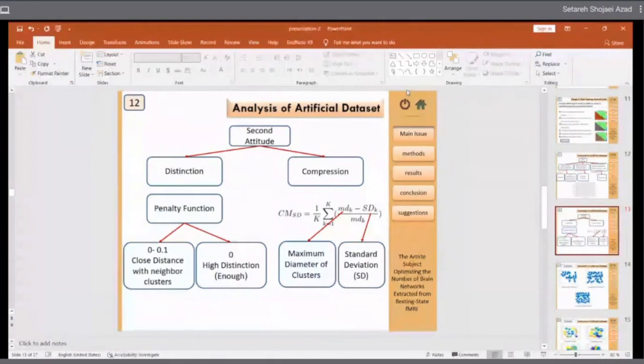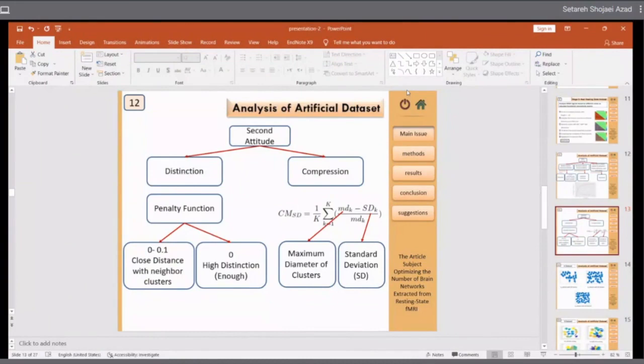Clusters can be compact enough but not well distinguished. An internal clustering index should not only measure the compactness of the objects within the cluster, but also the degree to which clusters differ from each other.